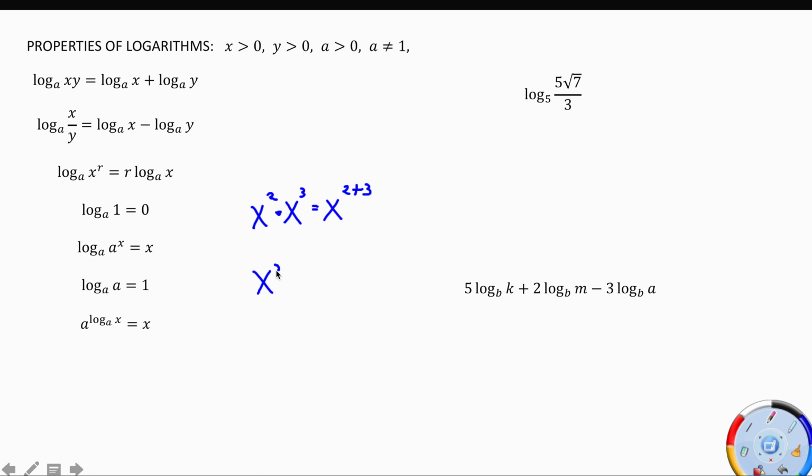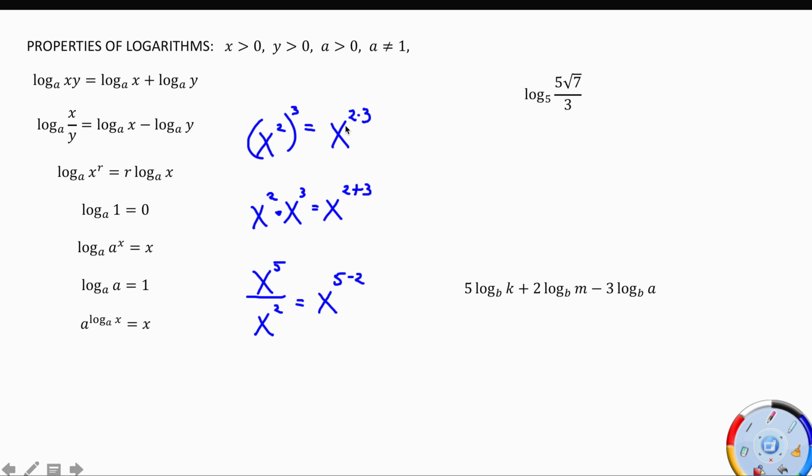Okay, if you are dividing two exponential numbers, you subtract your exponents. So here, if I'm dividing my argument, I separate them with a subtraction. If I have an exponent raised to an exponent, what do you do to those exponents?